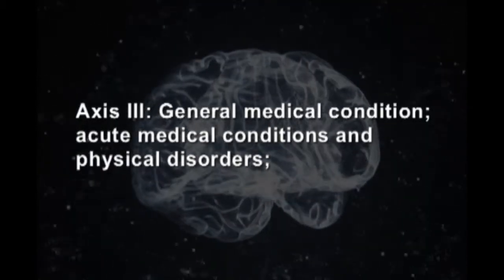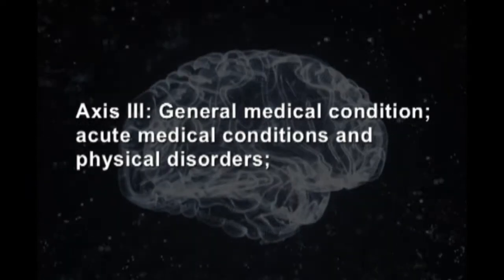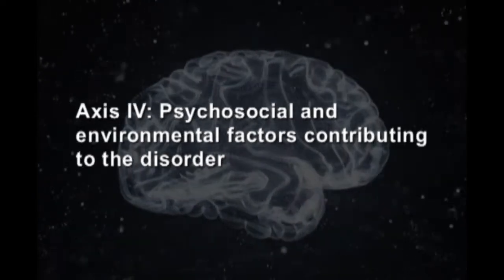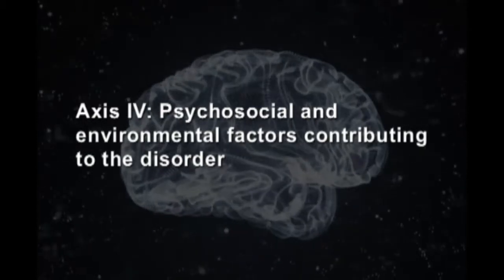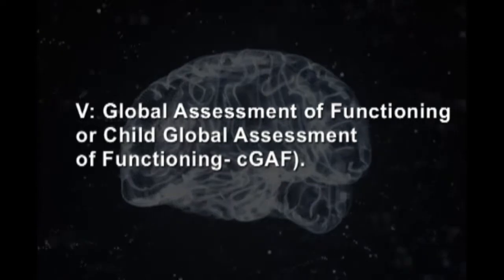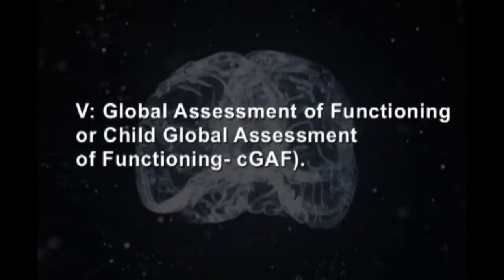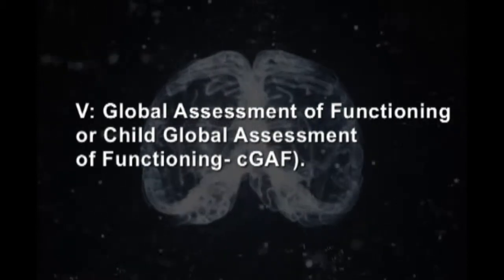Under Axis 3, general medical conditions, acute medical conditions and physical disorders were included. Under Axis 4, psychosocial and environmental factors contributing to the disorder were discussed, and Axis 5 included global assessment of functioning, or child global assessment of functioning, CGAF as it was termed.